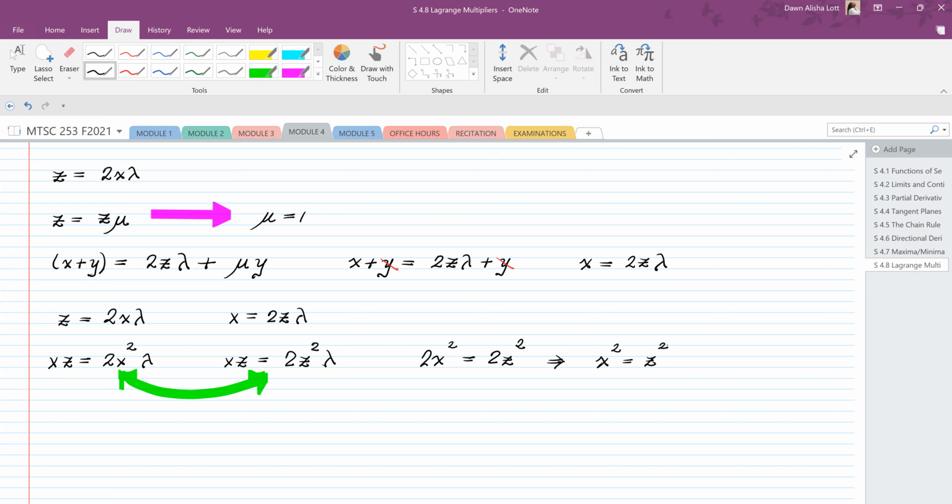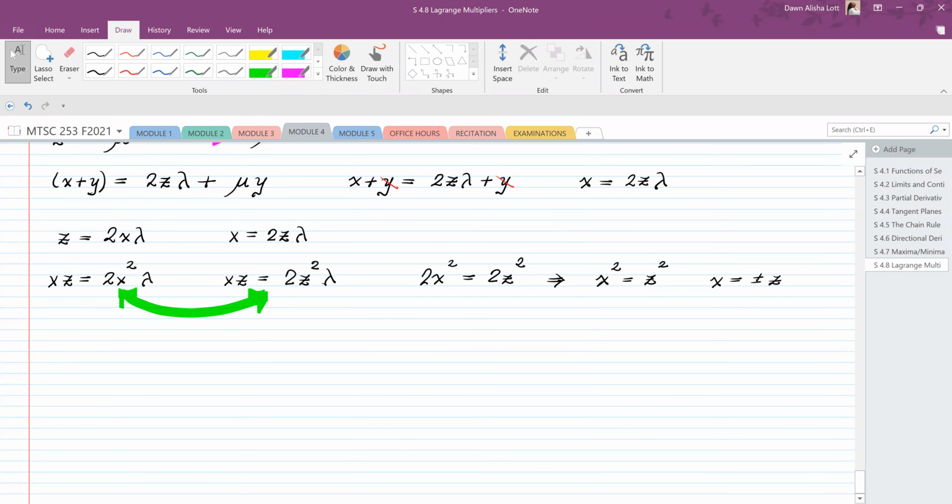So if x squared is equal to z squared, this tells me x is equal to plus or minus z. Okay.